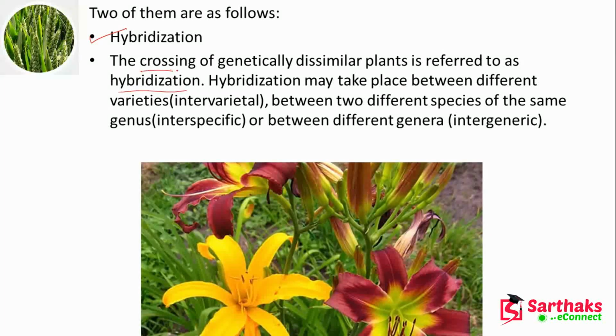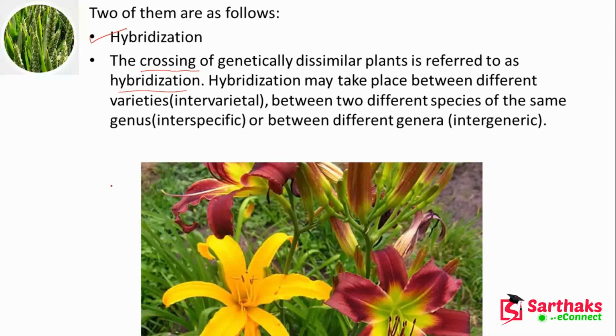So hybridization may take place between different varieties, between two different species of the same genus, or between two different genera. So intergeneric also can happen, interspecific also can happen, and intervarietal also can happen.